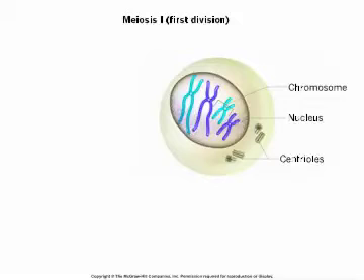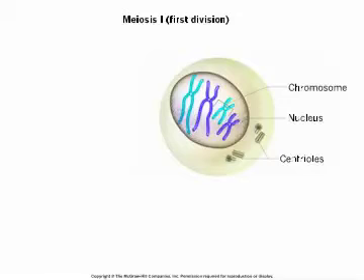In this case, this wouldn't be a human cell because this cell only has two chromosomes, one from mom, one from pop. But because there's one from mom and one from pop, it would be a diploid cell, but it would have a different number of chromosomes than human cells.